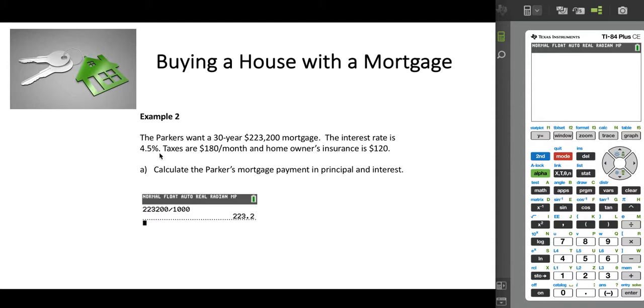So how many thousands are they borrowing? They are borrowing $223,200. I'll divide that by 1,000. So that figure is 223.2.